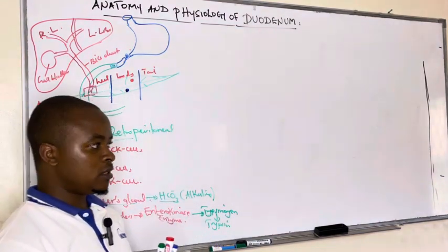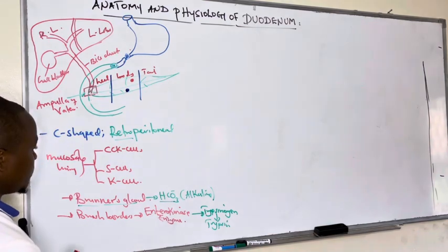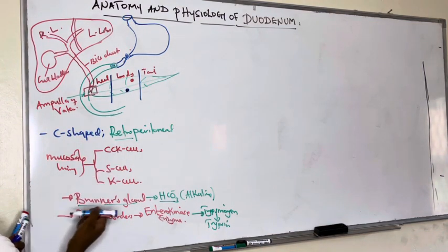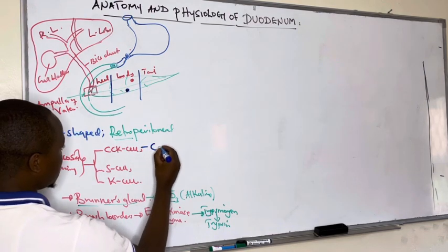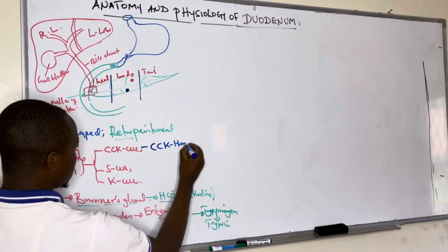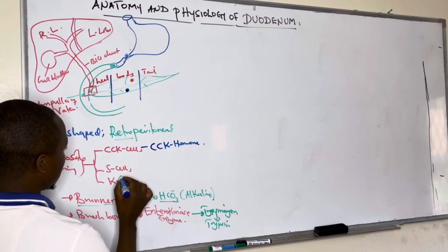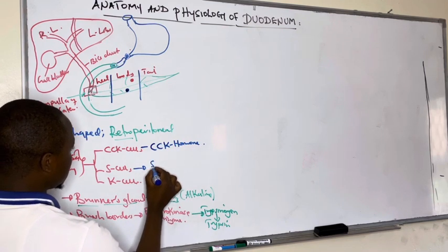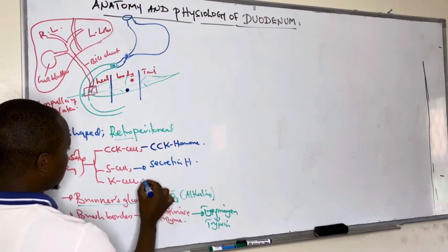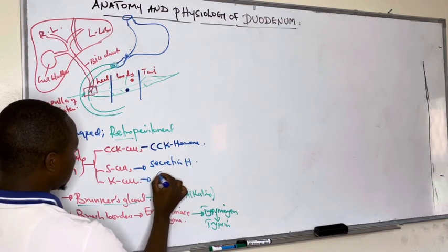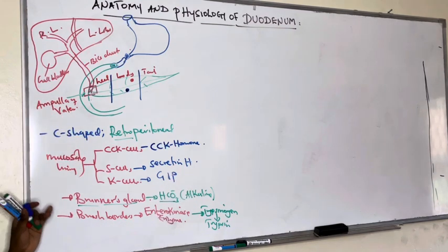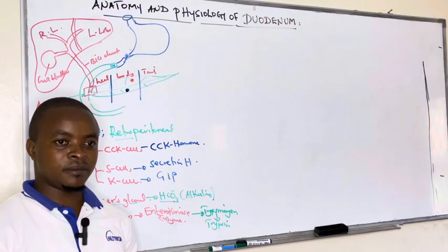Then we see the CCK cells producing the hormone cholecystokinin, the CCK hormone. The S cells produce the secretin hormone, and the K cells produce gastric inhibitory peptide hormone.